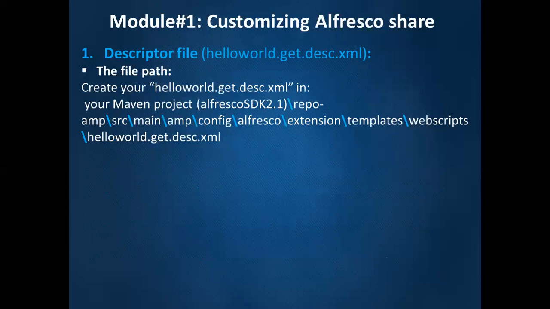You will go to your drive. I created my Maven project in the E drive. First, you create a folder, and inside the folder you will create your Maven project. The name of my Maven project is Alfresco SDK 2.1. You can give any name for your Maven project.